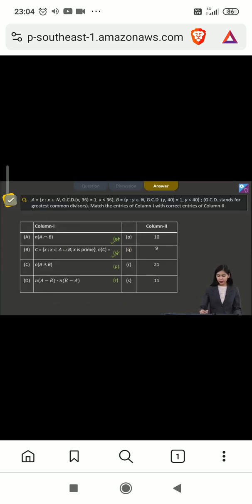So total elements in B minus A is equal to 7, and we need to find number of elements in A minus B into number of elements in B minus A, which is equal to 3 into 7 equals 21. So D matches with R. So QSPR is the correct matching. Let's verify. Yes, QSPR is the correct matching. Thank you.